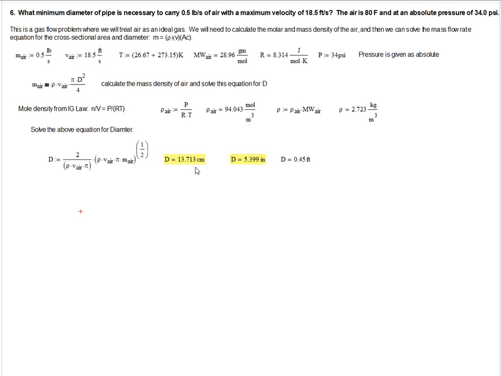It is 13.7 centimeters, or about 5.4 inches. So a pipe of 5.4 inches is the minimum diameter that we'll need to carry air at this velocity, under these conditions, for a mass flow rate of 0.5 pounds per second.